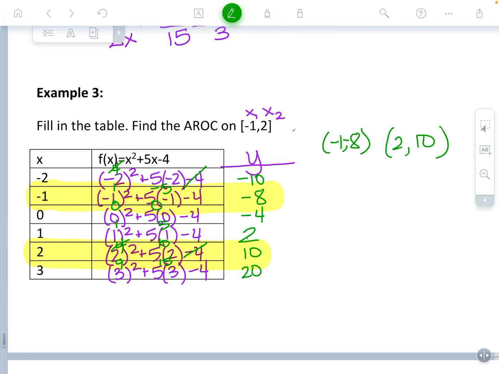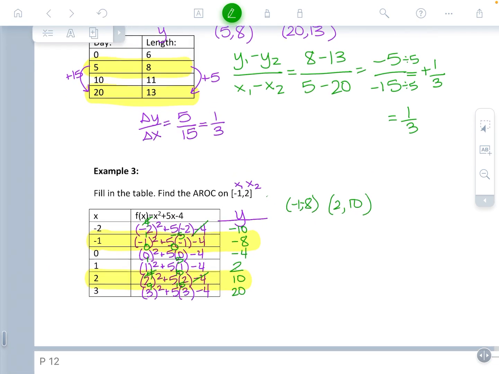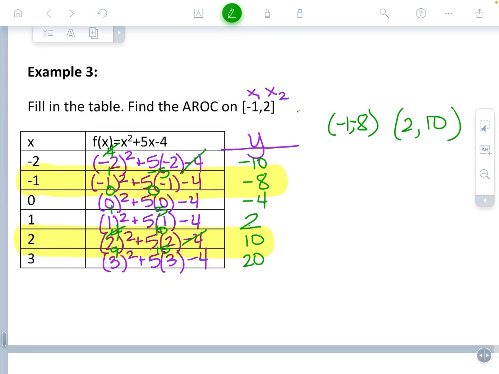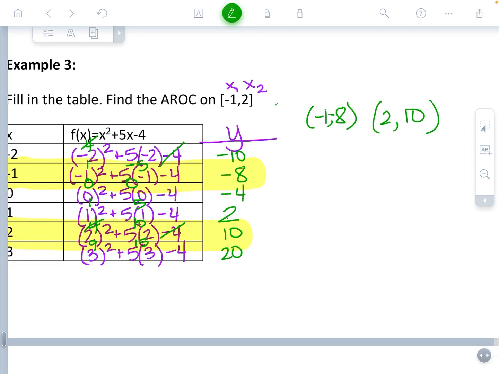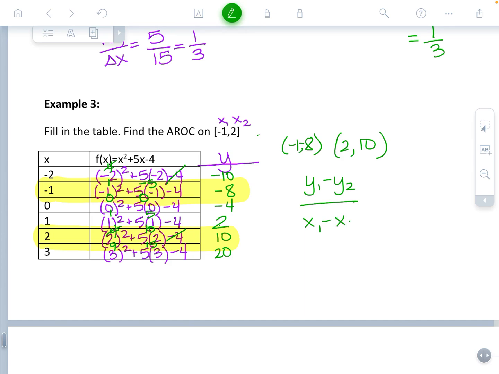2, 10. Okay. So then you can either do the formula way or you can do the table way that I showed you up above, where you just say from this one to this one what happens. On this one, because there are so many negatives, I would probably recommend you do the formula way and use your calculator. So we're going to use our formula, y1 minus y2 over x1 minus x2.